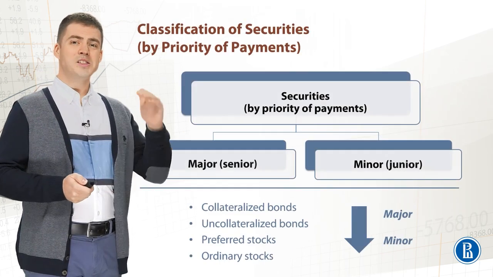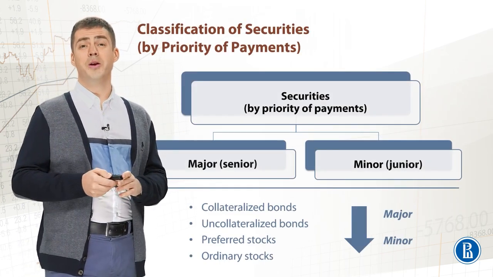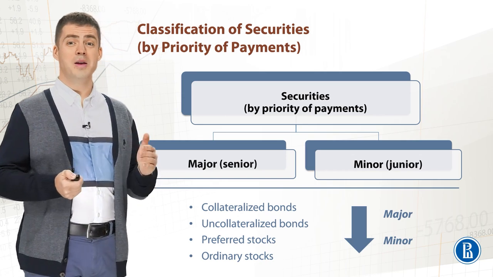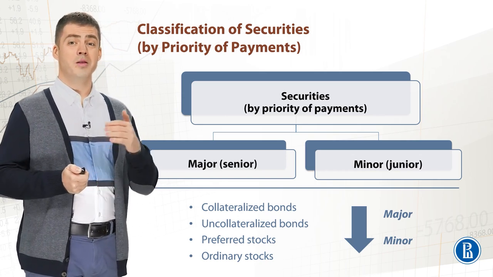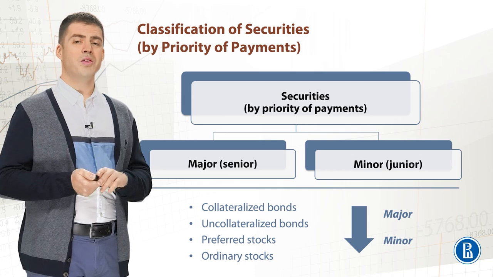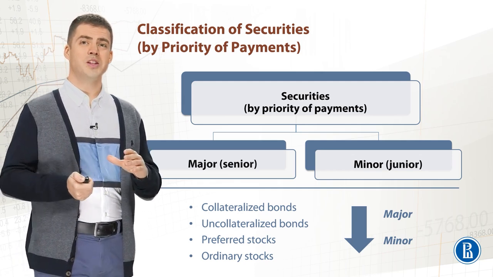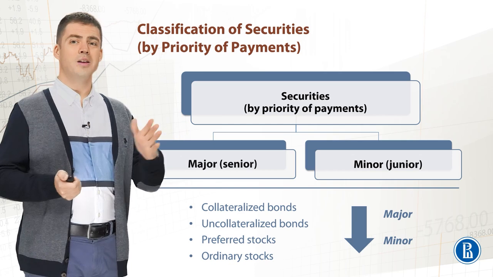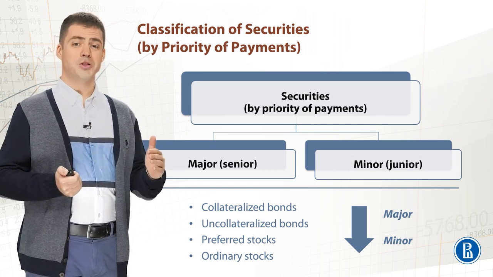We can also classify the securities issued by the same authority by the priority of payments. And in this case, some securities can be called major securities and others may be called minor securities.